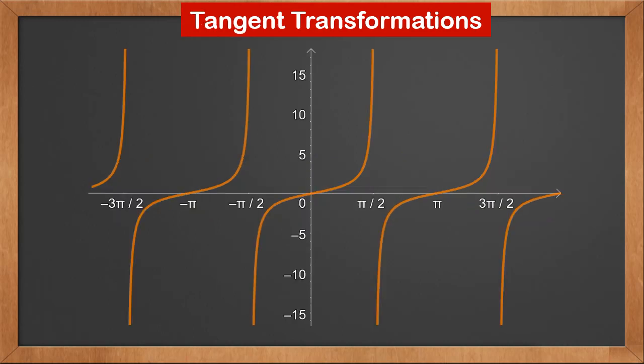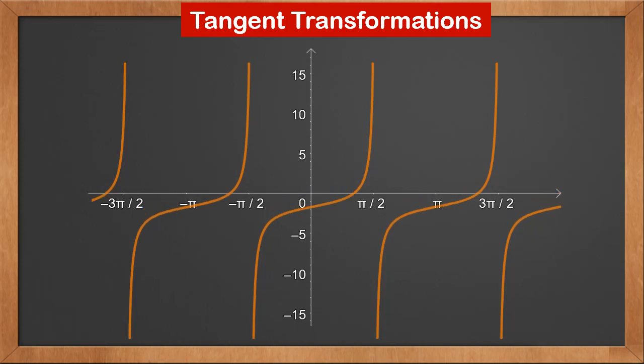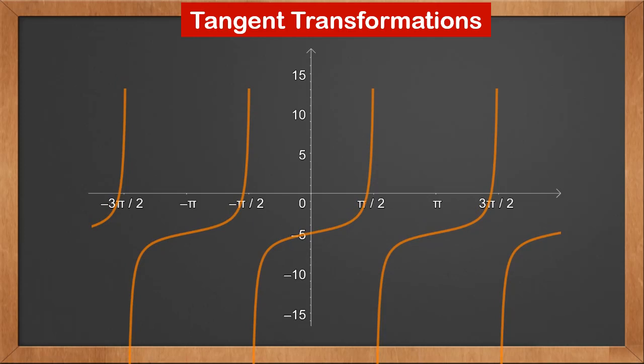This is tangent x. The base period is from minus half pi to plus half pi. The function values go from negative infinity to positive infinity in a period. If it moves down by 5, it becomes tangent x minus 5.